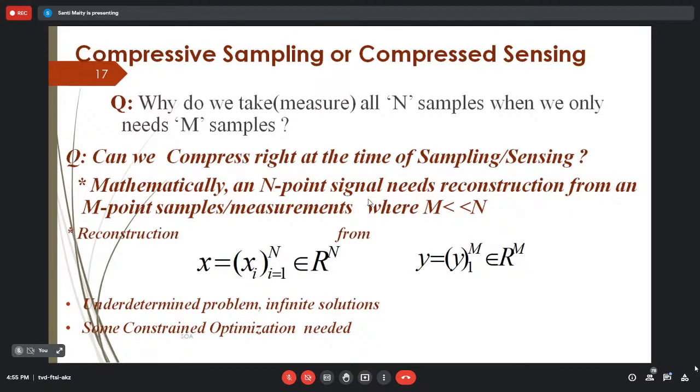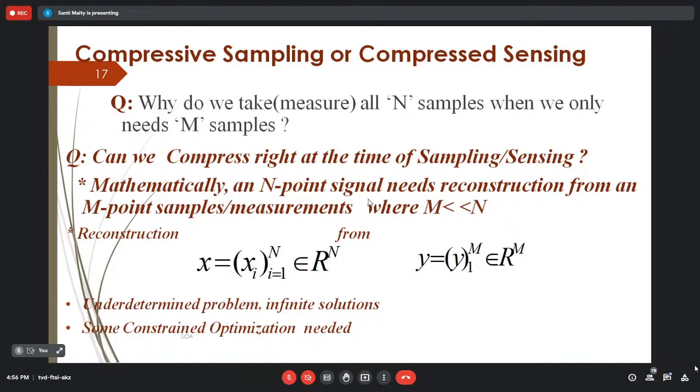Mathematically, this is called an underdetermined problem. Why? Because in your school mathematics, when you solve two-variable equations, you need two equations for finding two variables. If you have only one equation for two variables, what you could do is take the value of one variable, put that value in, and find the other value. So you have theoretically an infinite number of solutions.